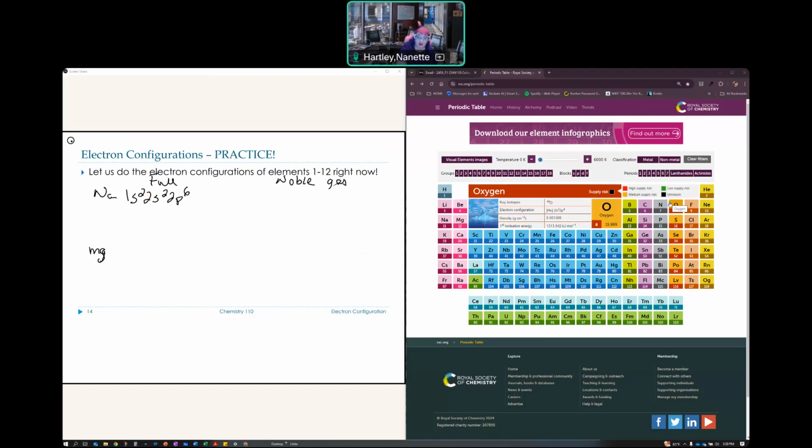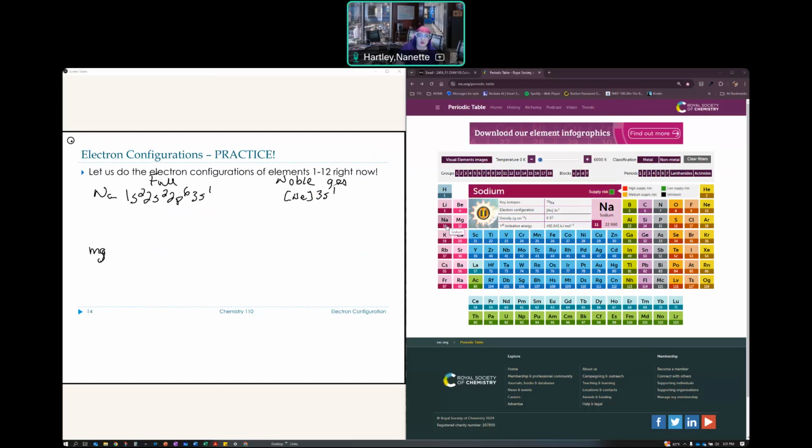And now I'm looking at 3, because I'm in the third row. I'm in the S block, and there's one additional electron in that S block. So that's a 3s1. Nearest noble gas is that neon that I just did, and then everything beyond that is that 3s1, the additional electron that I just put in. So that's my noble gas configuration.